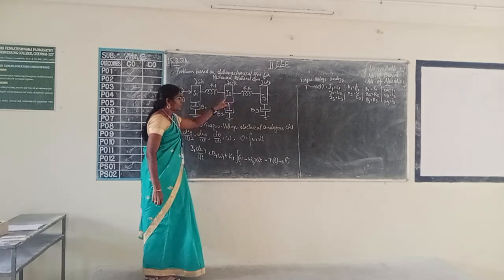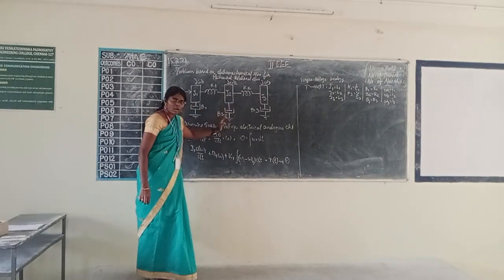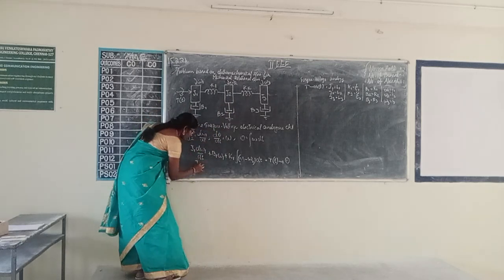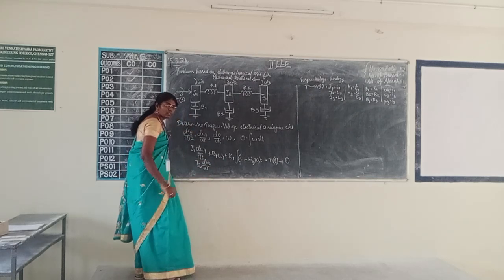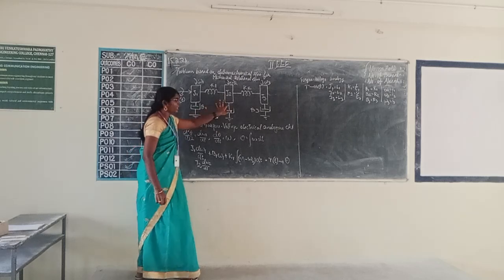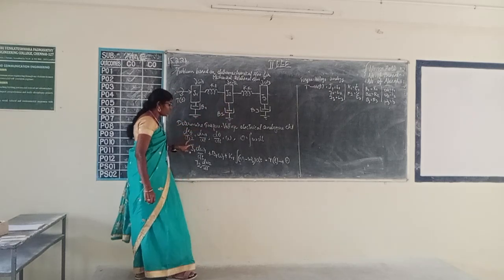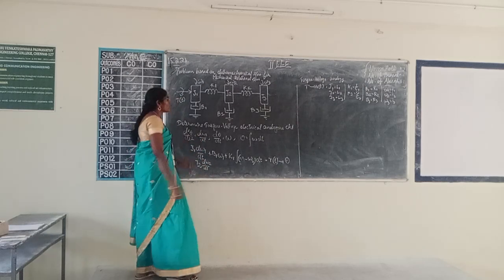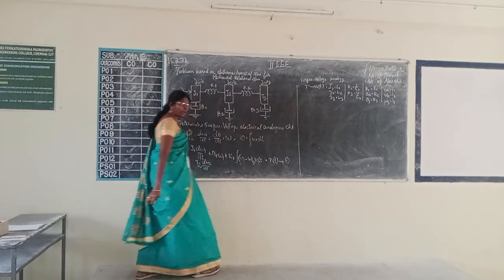Next, there are two more moments of inertia, so how many equations will we get? Three equations. For J2, we get J2 d square theta 2 by dt square, which is J2 d omega 2 by dt, since here it is omega 1, here omega 2, and here omega 3.